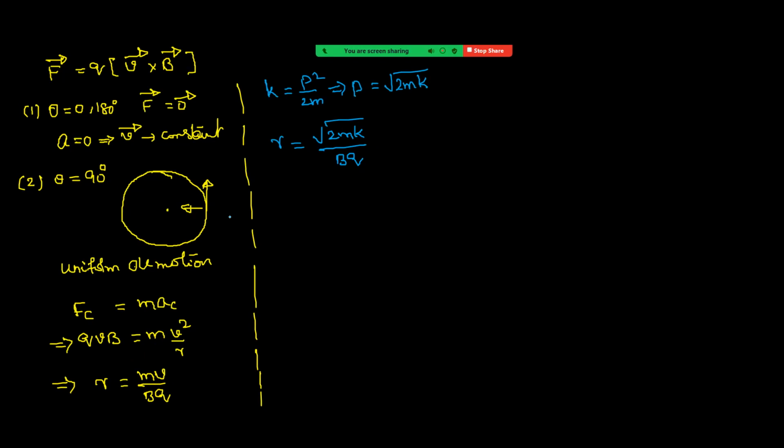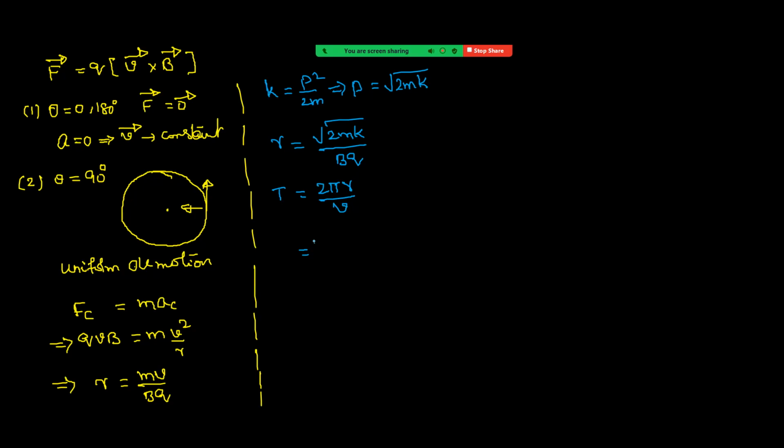Now we can focus here. What is the time taken to complete one revolution? That is given by distance traveled, not displacement, 2 pi R upon speed, not velocity. So now we can substitute R as mv by bq.